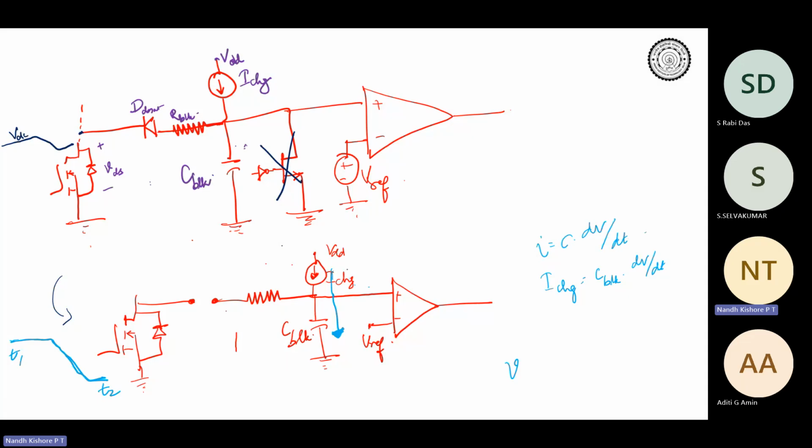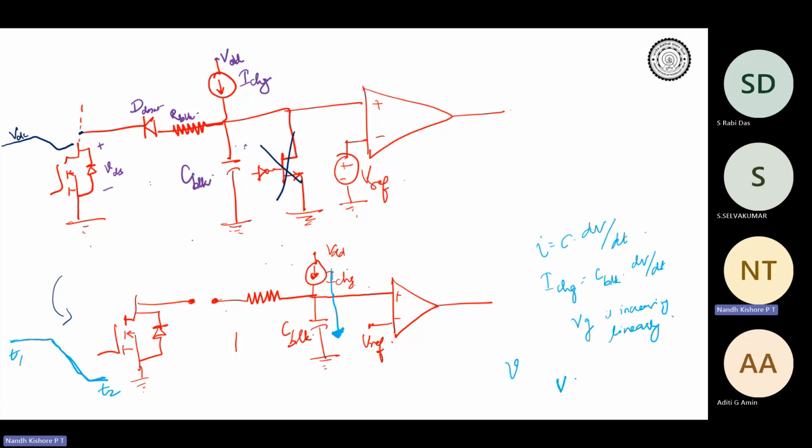Therefore, the voltage across the capacitor, right? Since dV by dt is constant, your voltage is increasing linearly, right? You can find out also by integration. You can just find out if you assume that initially the voltage was 0, right?